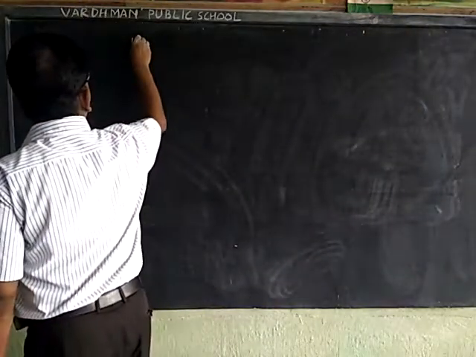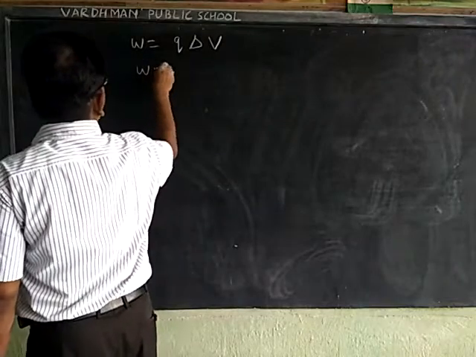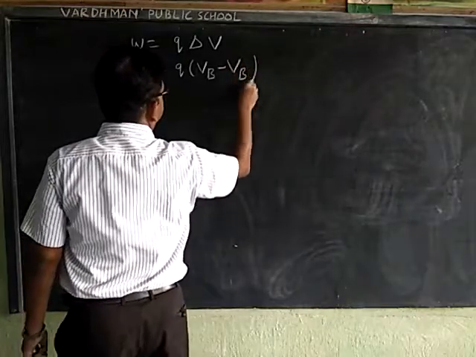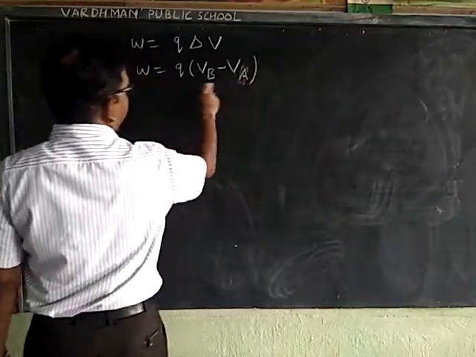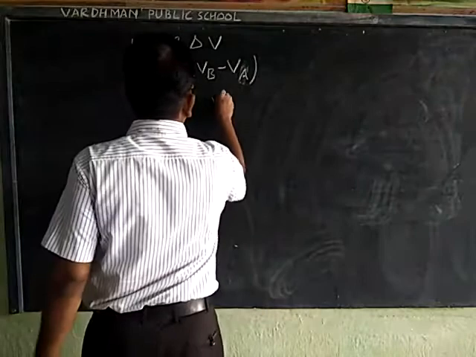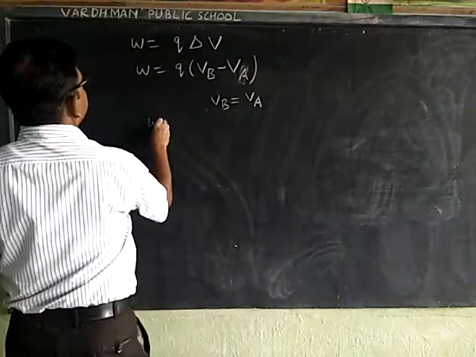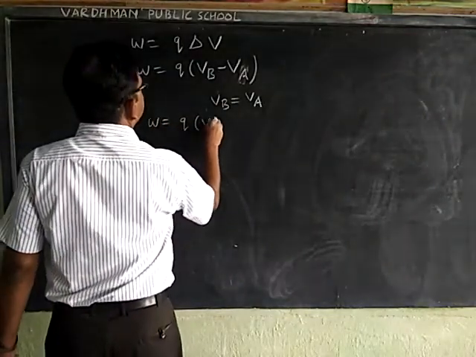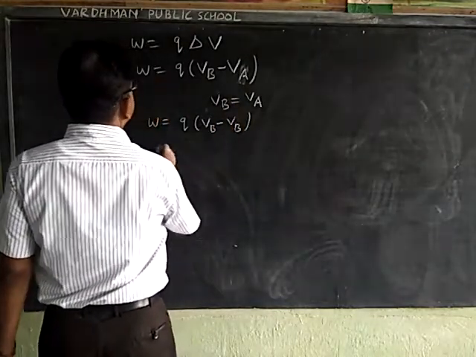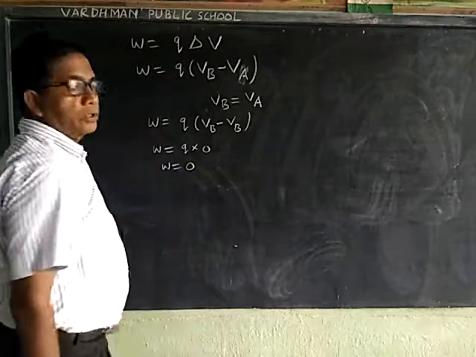That is, W is equal to q delta V. This is W is equal to q into VB minus VA, where VA and VB are the potentials at the points. Since VB is equal to VA, W is equal to q into VB minus VB, that is W is equal to q into 0. W is equal to 0. Therefore, no work is done.